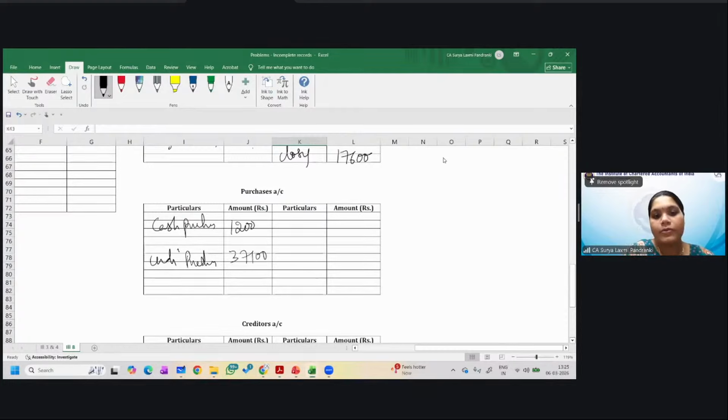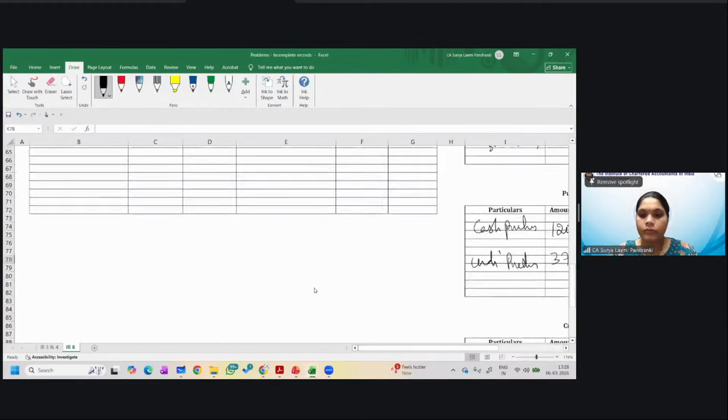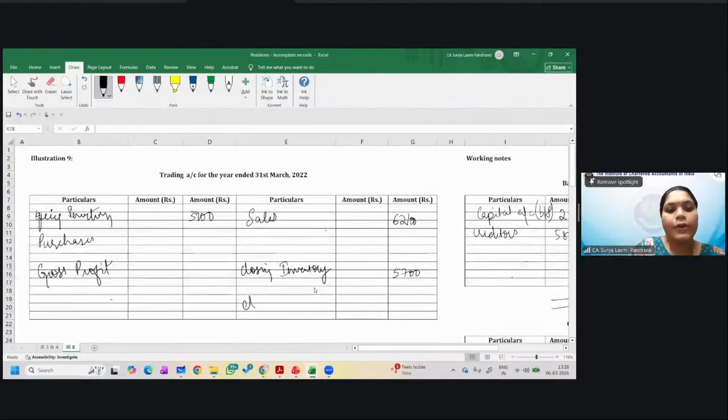So how much will go to the trading account? Total 49,100. Did everyone get this? Now the purchases will be 49,100.